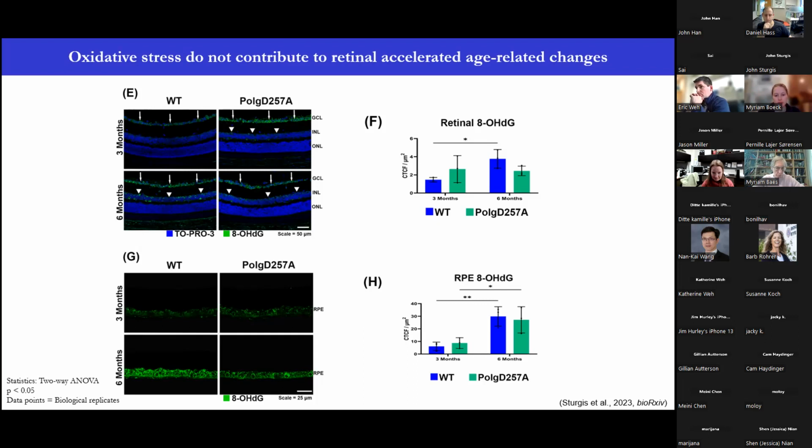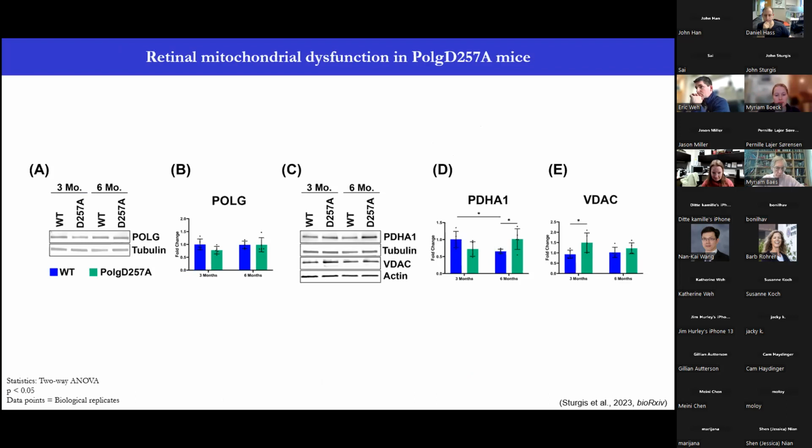And so to finish up the paper, we, of course, wanted to look specifically at the mitochondrial phenotype in the retina and RPE. First, looking at just retina isolated proteins, we performed Western blot for several mitochondrial markers. Of course, the first thing we wanted to do was see if POLG expression was actually changed at all due to the exonuclease mutation.